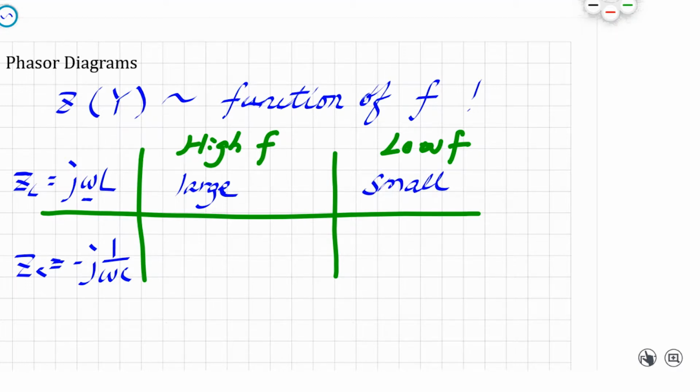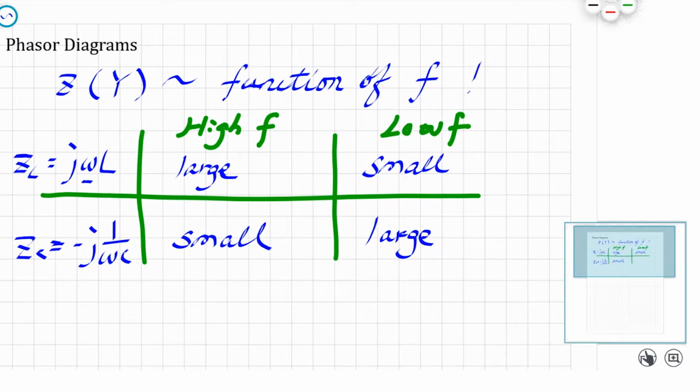Similarly, if we look at the impedance of a capacitor, because the frequency is in the denominator, the higher the frequency, the smaller the impedance of the capacitor. So this becomes small in the high frequency region, whereas for low frequency, the impedance of the capacitor is large. And that physically makes perfect sense.